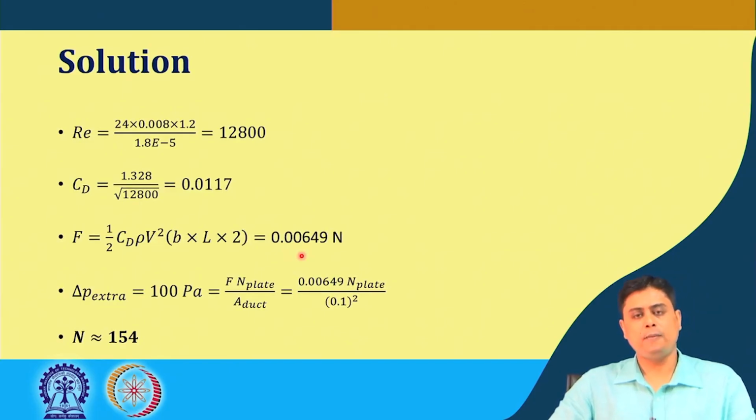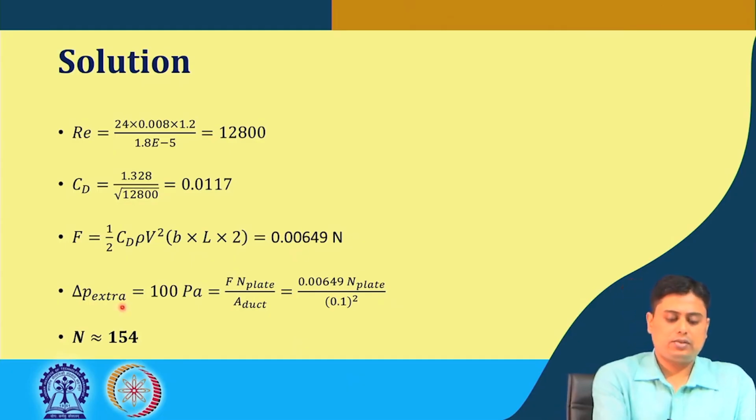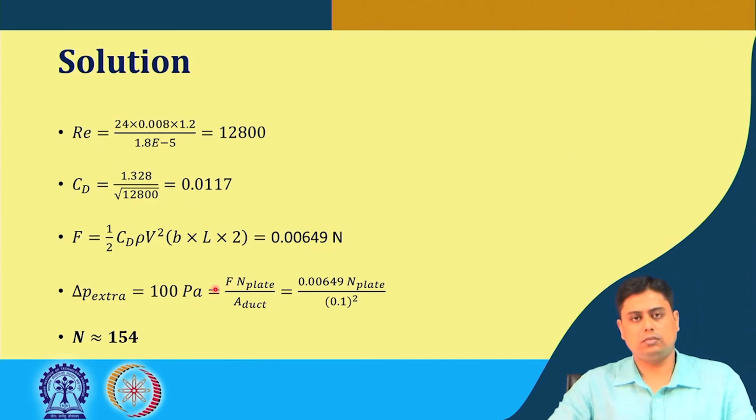Then the question is that we have to create an extra 100 Pascal pressure drop for the length. So that means this extra pressure drop of 100 Pa is nothing but the drag force multiplied by the number of plates divided by the area of the duct, because the pressure drop across the duct has been asked here.